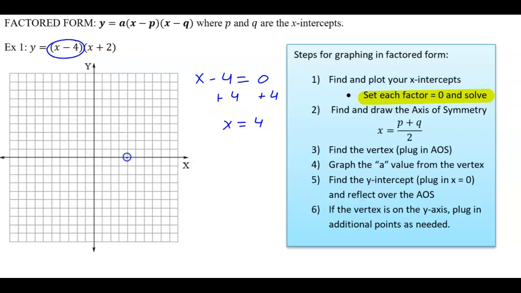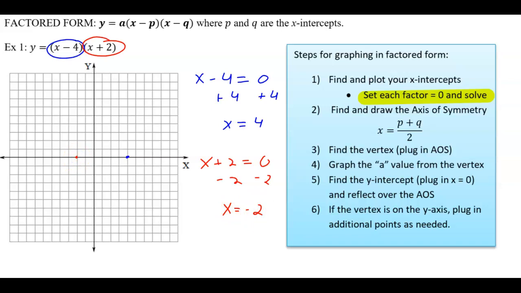So right here on the x-axis is an x-intercept. And then if we take our other factor and we set that equal to 0, so x plus 2 equals 0, and we would subtract over the 2, we get x equals negative 2. So over here, negative 2 is my other x-intercept.